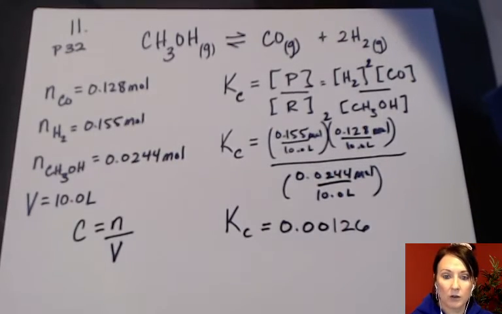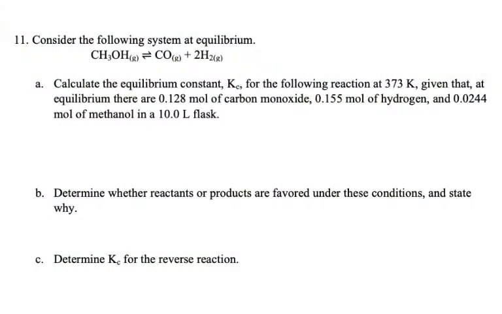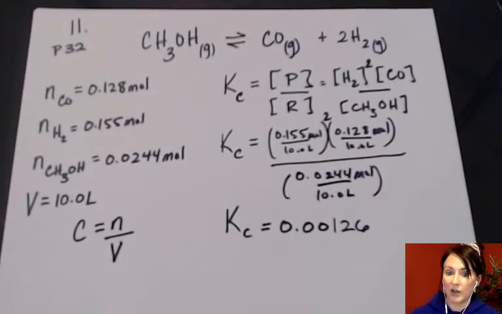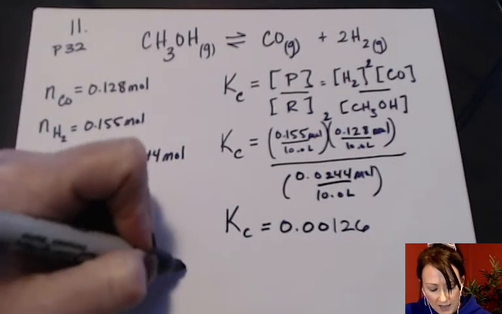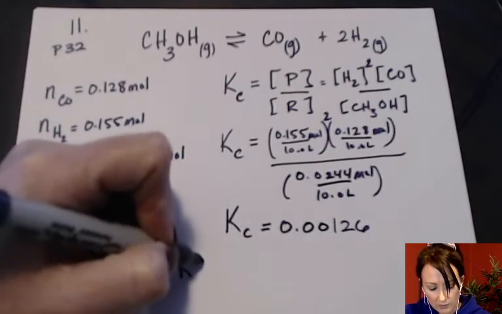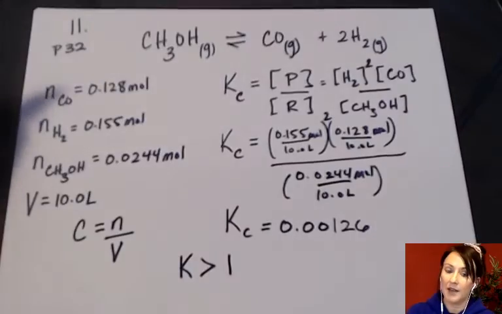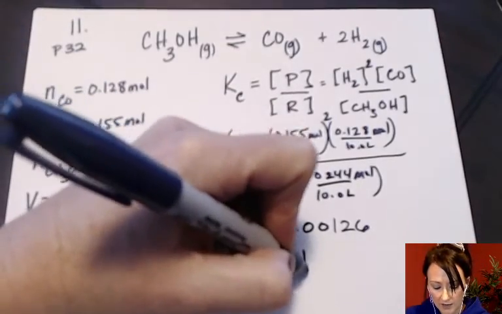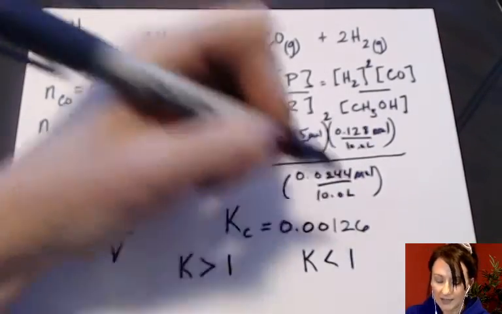Now, if we go back to the question, there was a part B and a part C. Part B said, determine whether the reactants or the products are favored under these conditions, and then tell me why. Now, we talked about in class what it meant if K was greater than 1, or if K was less than 1.